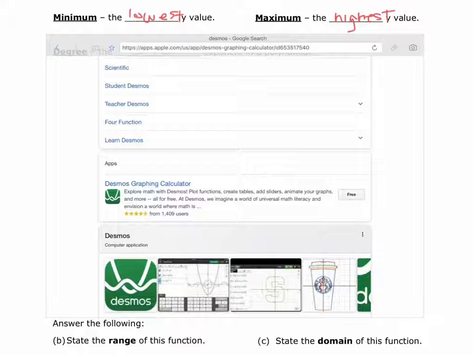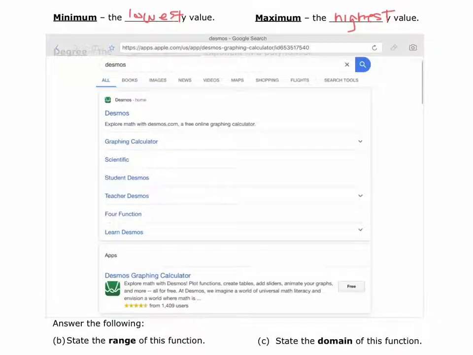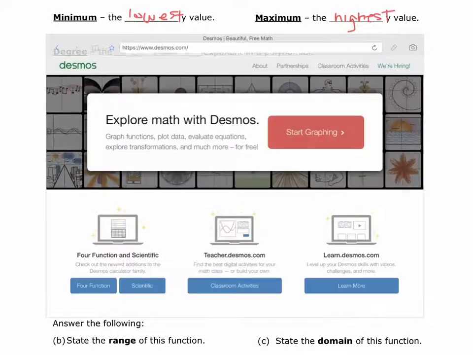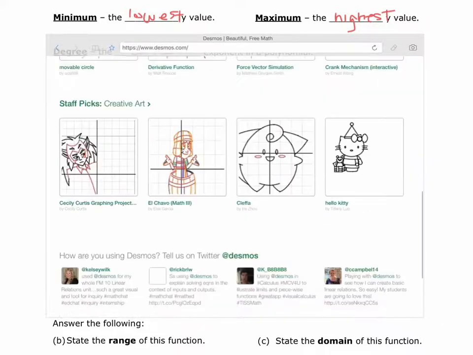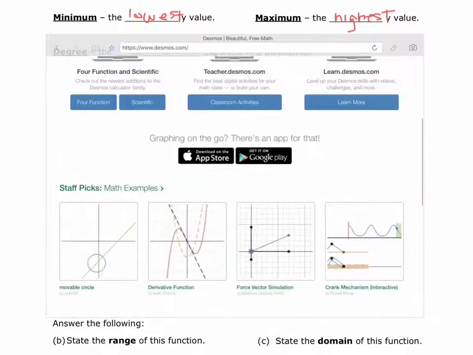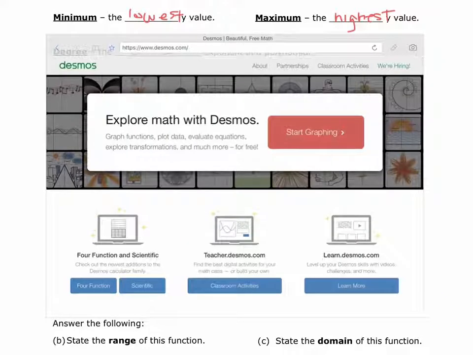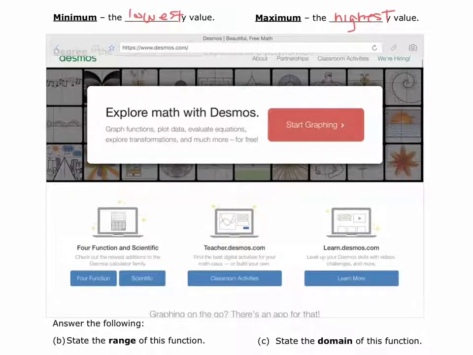We're going to click on that. And then we're going to click this where it says Start Graphing.